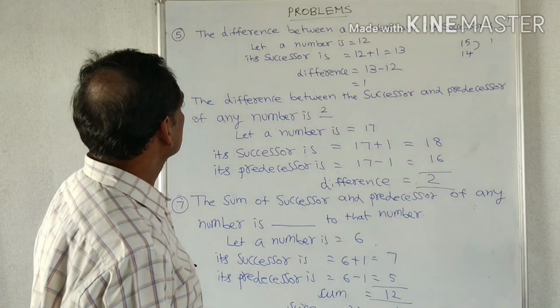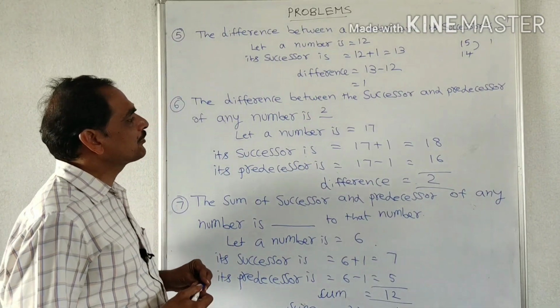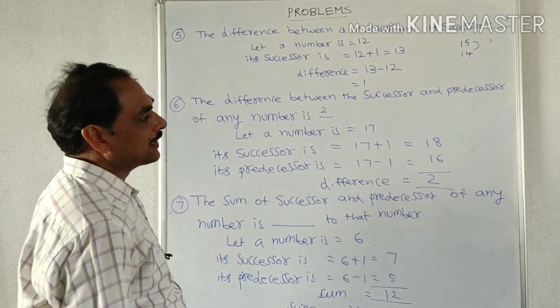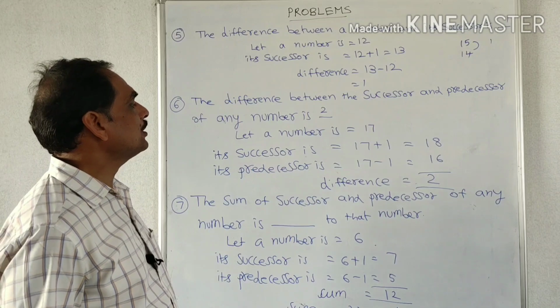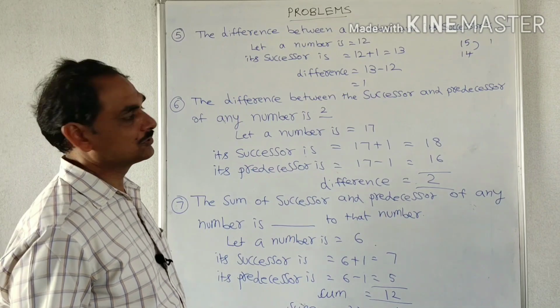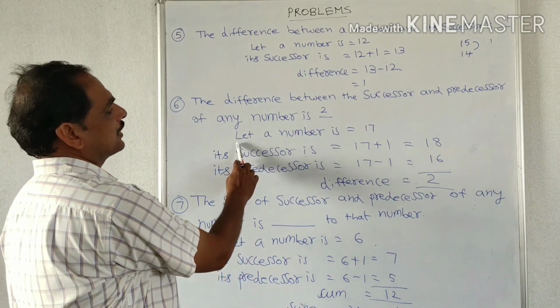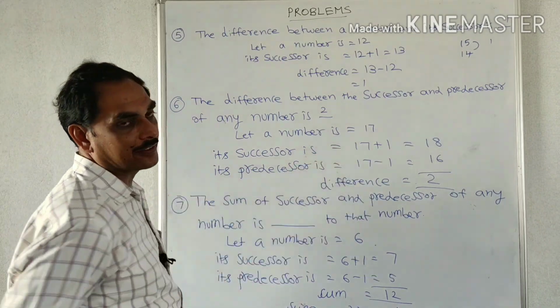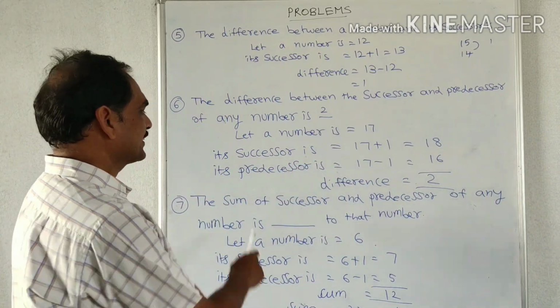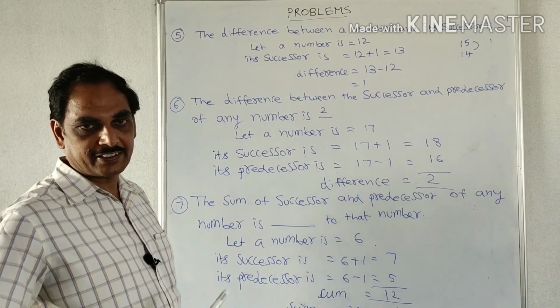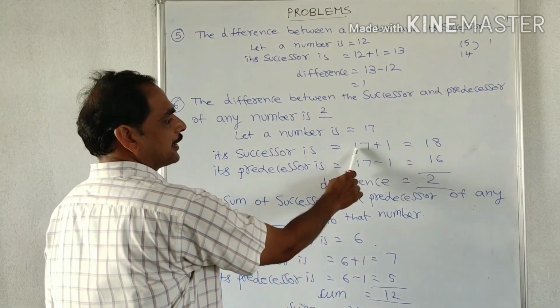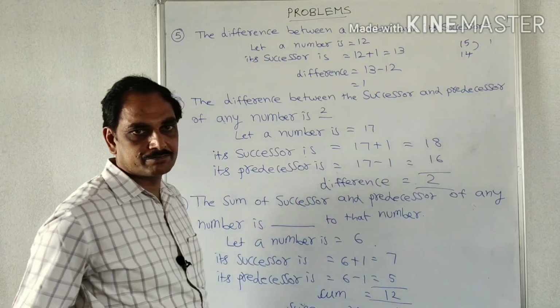Next, sixth: the difference between the successor and predecessor of any number is... So we take any given number. Let the number be 17. Next we find its successor. Successor means by adding 1 to the number we get its successor. 17 plus 1 is 18.